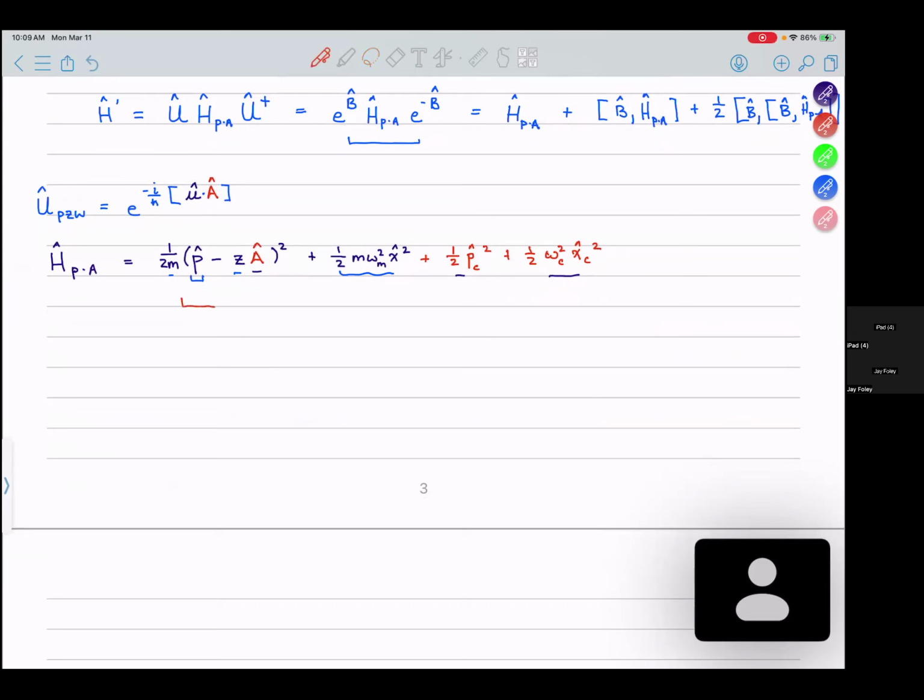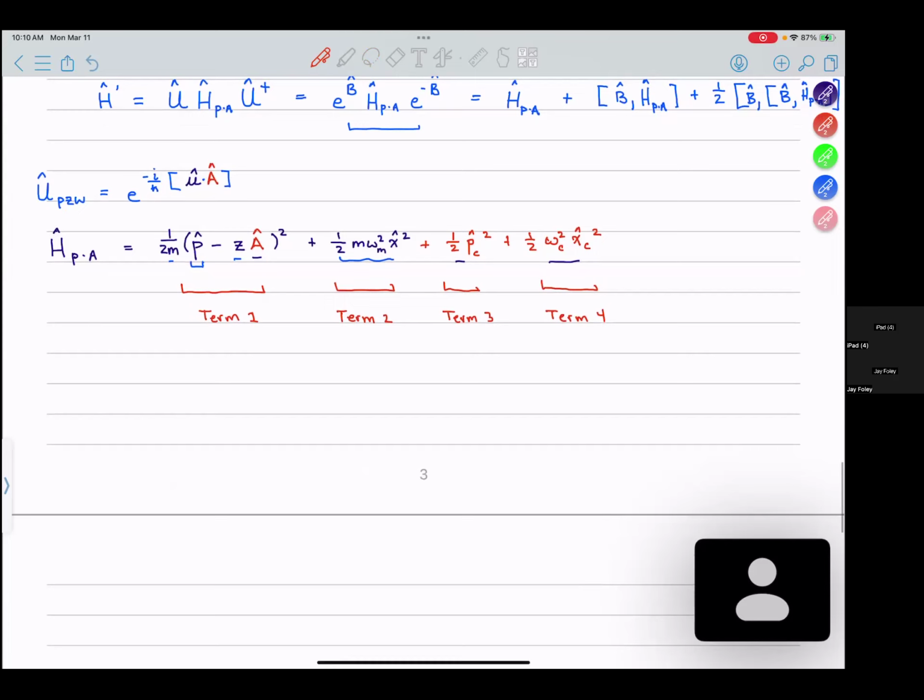So I'm going to call this whole thing term one. I'm going to call this whole thing term two. And I'll call this thing term three. And I'm going to call this whole thing term four.